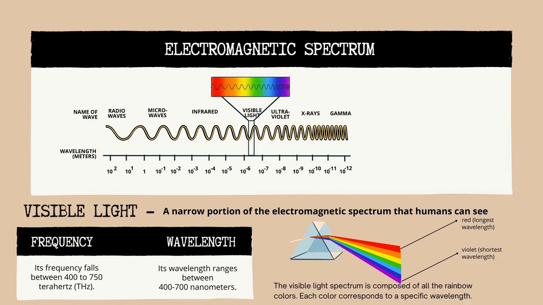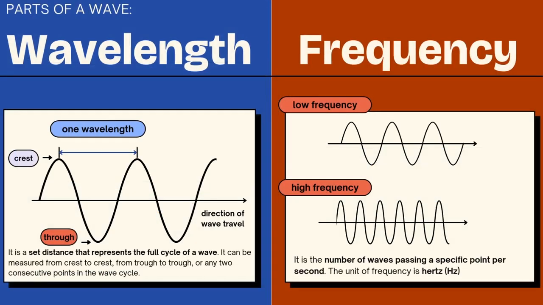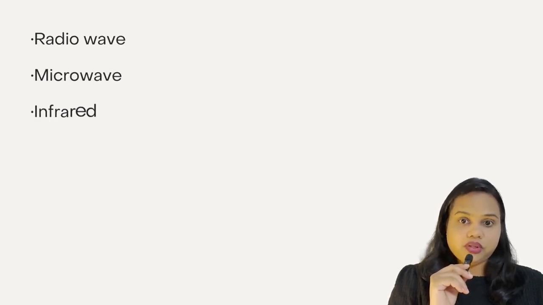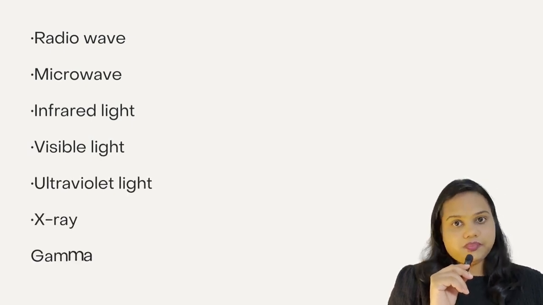Electromagnetic waves come in different types, arranged in the electromagnetic spectrum, from longest wavelength to shortest: radio waves, microwaves, infrared waves, visible light, ultraviolet rays, X-rays, gamma rays.